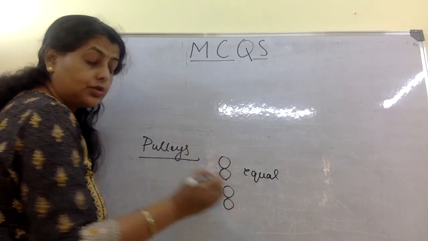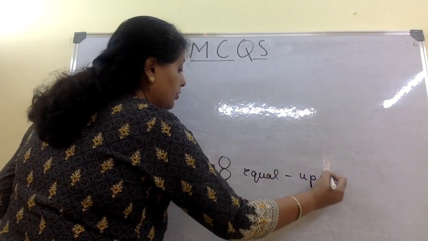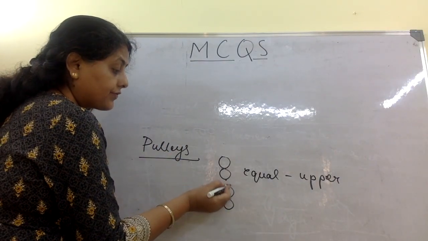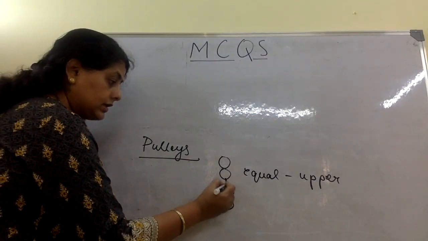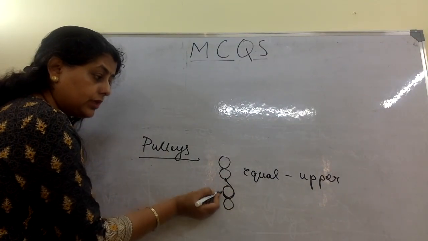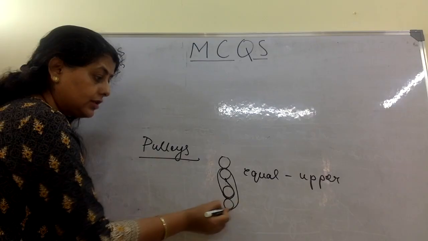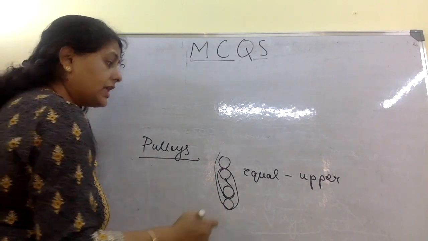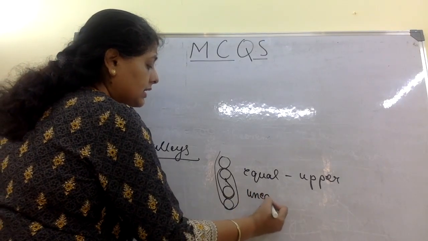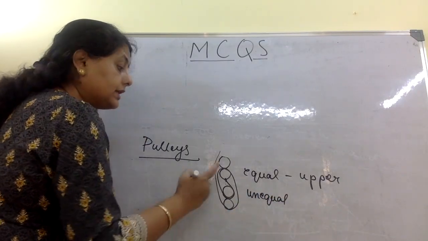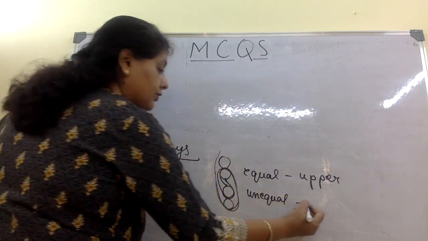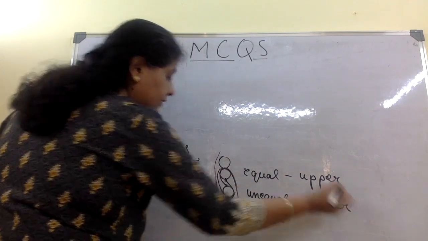This is something to be remembered, because there will be a hook here and another hook here, and then it goes like this. If they are unequal, that is, only the upper one can be bigger, in that case the string starts from the lower one.